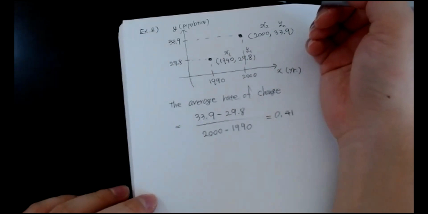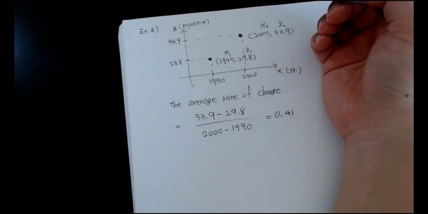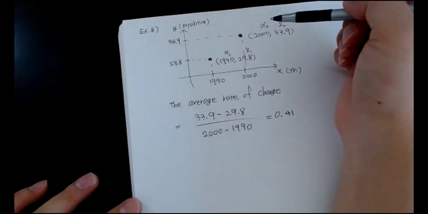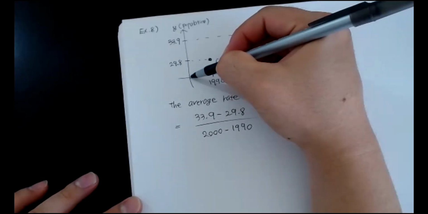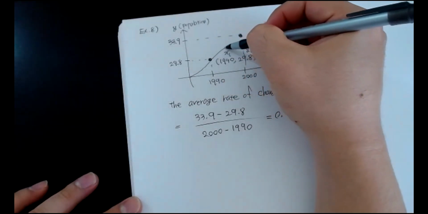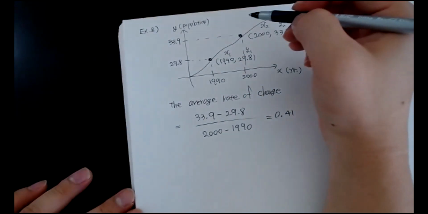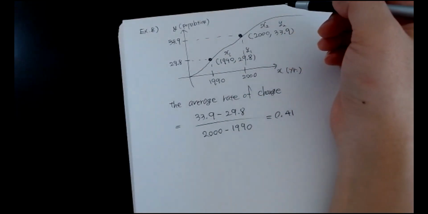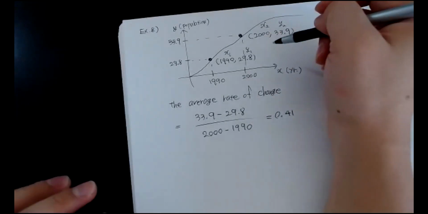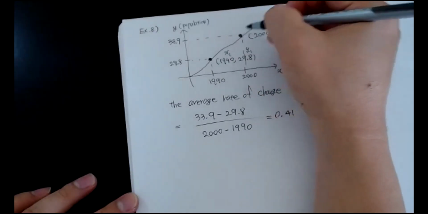Actually we don't know the exact graph of the population of California versus the year, but maybe the graph is like this. I don't know exactly, but definitely the graph of the population of California versus year must pass through two points, right? That makes sense.